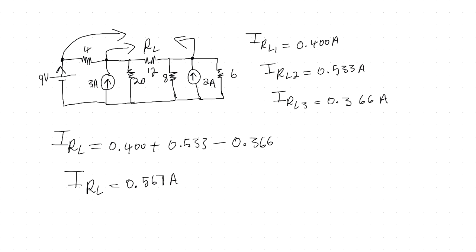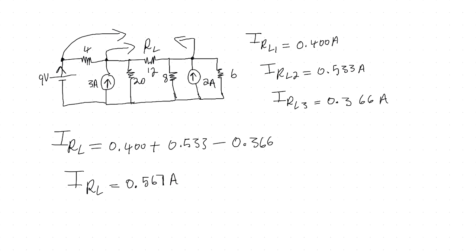So what you need to be good at is circuit analysis. If you understand circuit analysis, then superposition is going to be simple for you, because normally we're applying circuit analysis to get the current through the resistors.